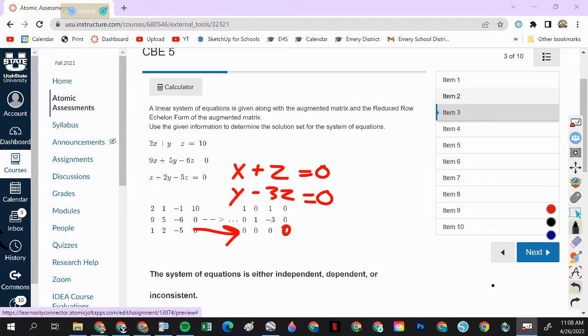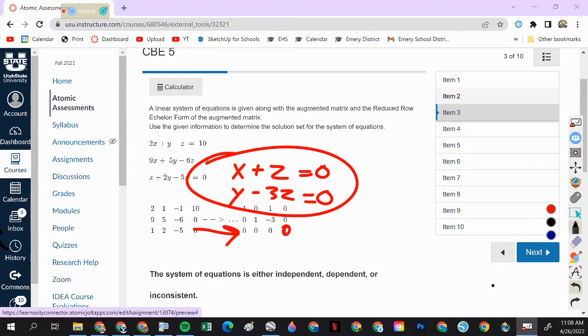Okay? And this is dependent. So independent means there's one solution. Inconsistent means there's no solution. And dependent means there are an infinite number of solutions, and those solutions are found inside here.